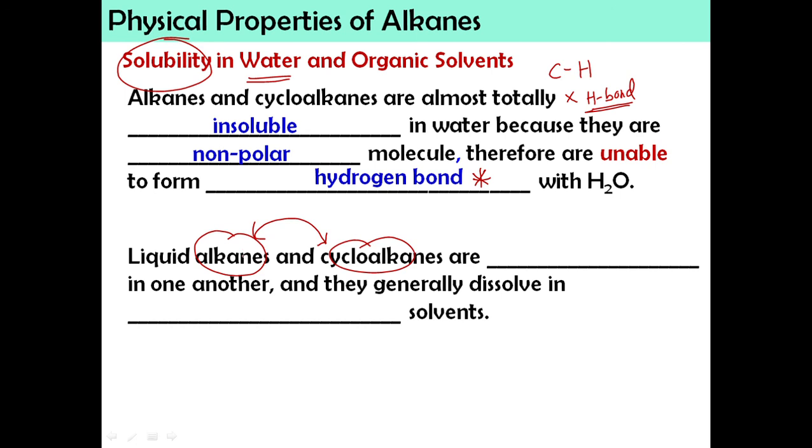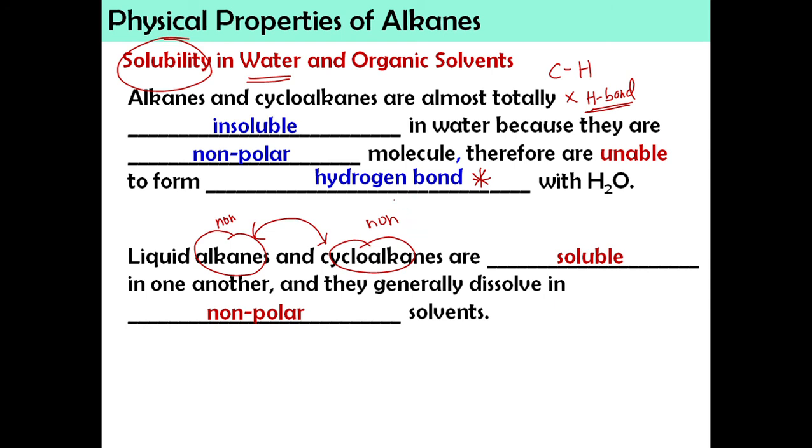So, alkanes dengan cycloalkanes adalah dua-dua non-polar. Okay, ni alkane maksudnya dia masih dalam alkanes class of compounds. So, this is non-polar. This is non-polar juga. Okay, so they are soluble in one another and they generally dissolve in non-polar solvent. So, kalau awak ada non-polar compounds, awak letak dalam non-polar compounds, dia akan soluble.